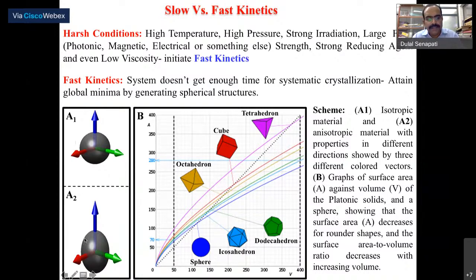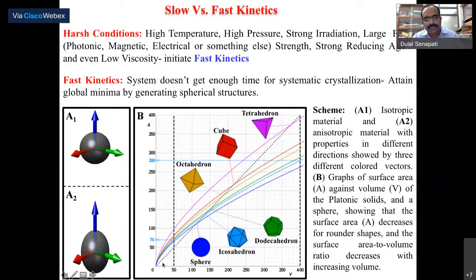And the other particle, which has a directional property, as you can see in A2, has a length, and it's not spherical, it's kind of like an oval. So the properties in X and Y are different from the properties in the Z direction. That's why these are called anisotropic.